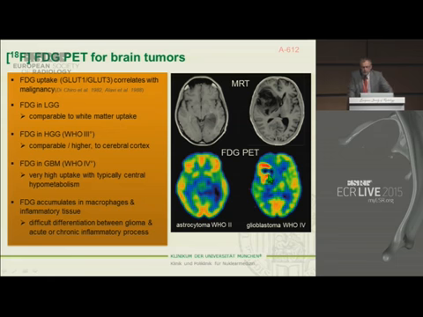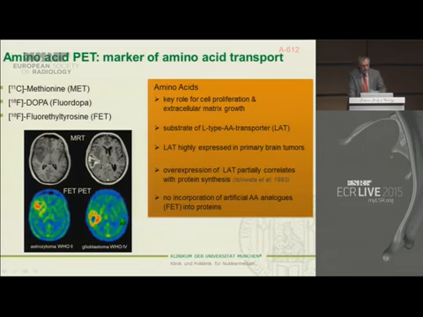The problem we have also with the clinical use of FDG is that it accumulates in inflammatory tissue and macrophages, so you have a difficult differentiation between glioma and acute or chronic inflammatory processes. So the main use, at least in Germany, for most centers which deal with brain tumors are labeled amino acids or amino acid analogues.